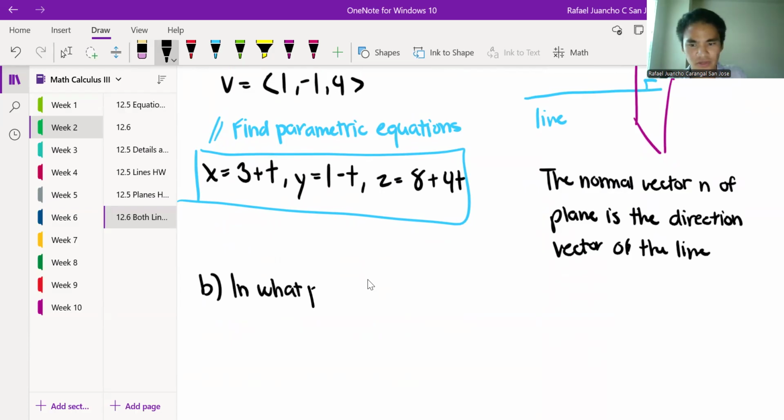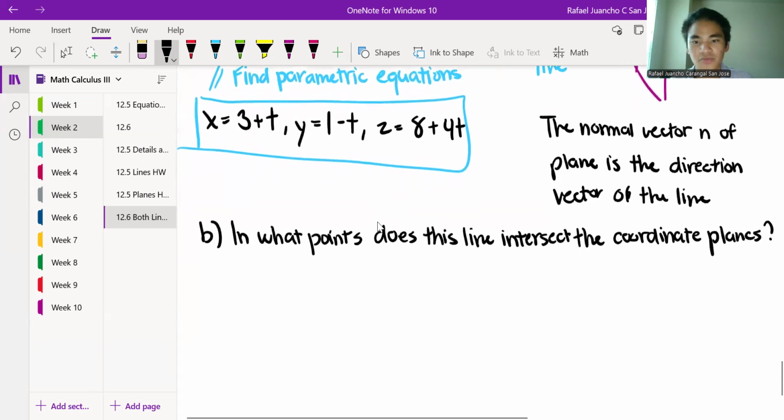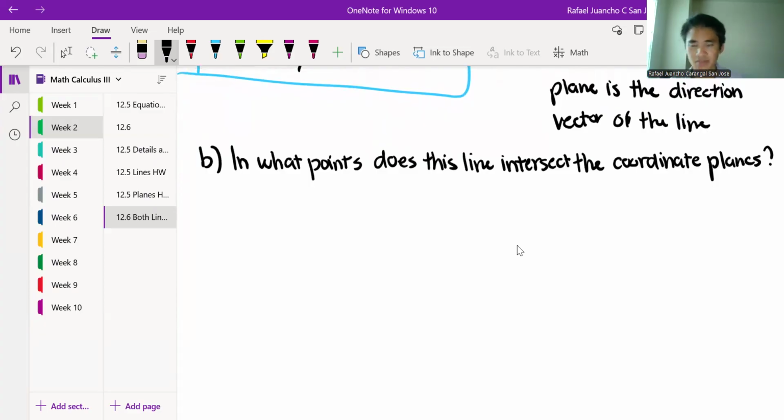And at what points does this line intersect the coordinate planes? So the coordinate planes are the xz plane, yz plane, and xy plane. Well, we'll just take it step by step, right?